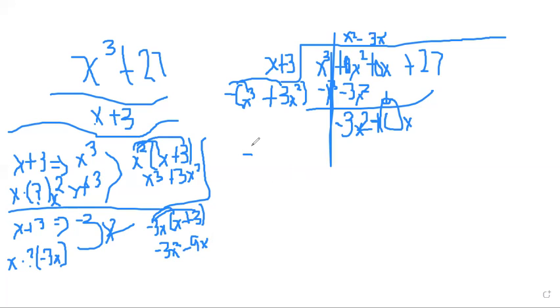So with a negative 3x squared, minus 9x, we got to remember that because we're subtracting, we have to pay attention to that. That's a negative. So when I'm subtracting a negative 3x squared, the two negatives will become a positive 3x squared.